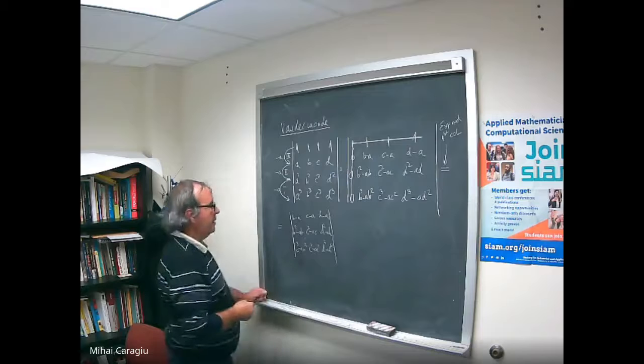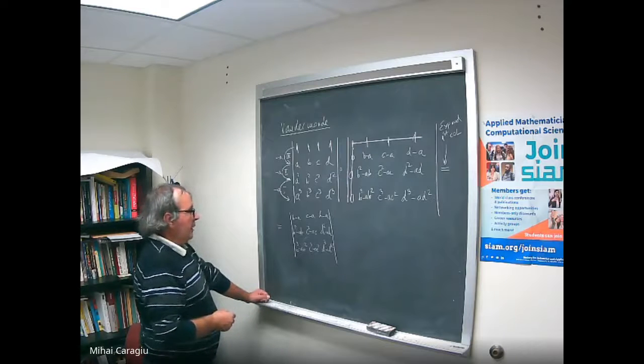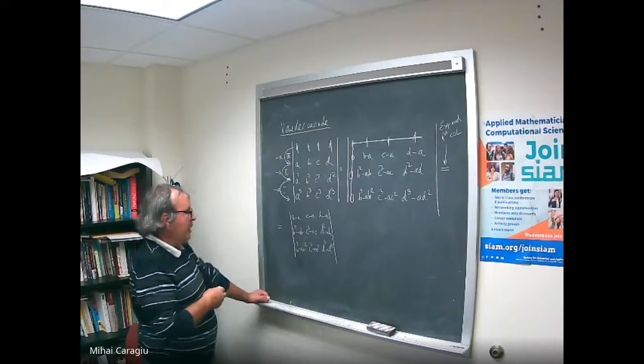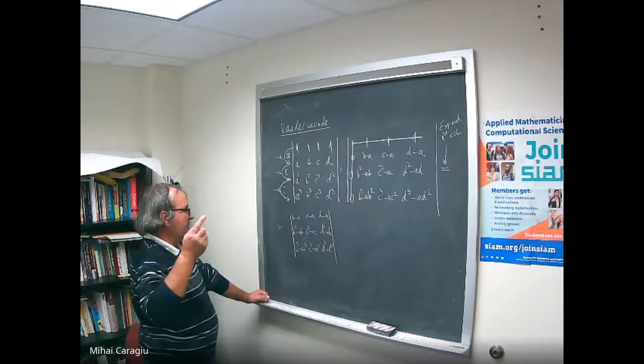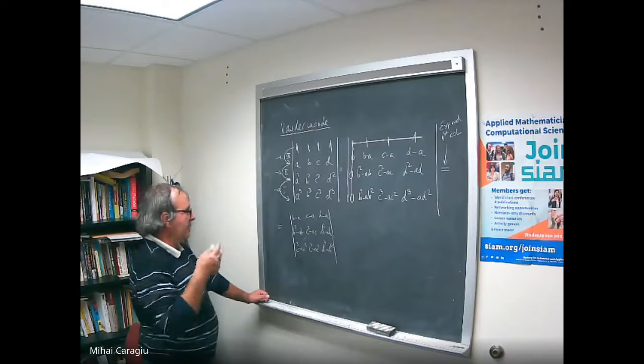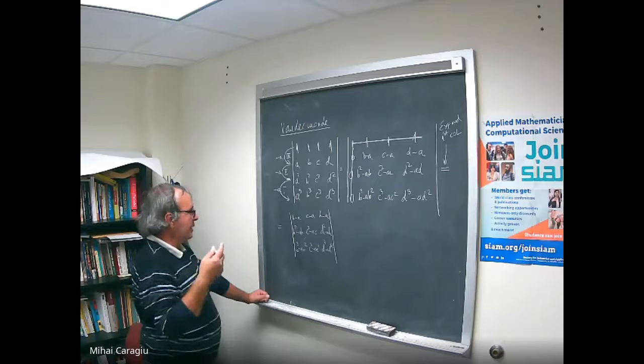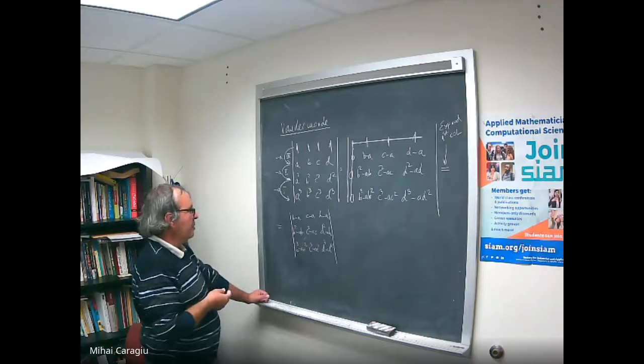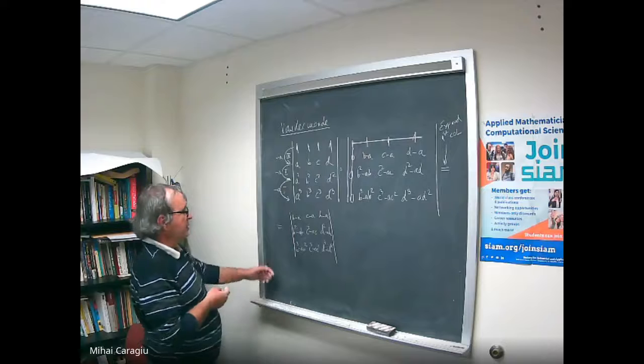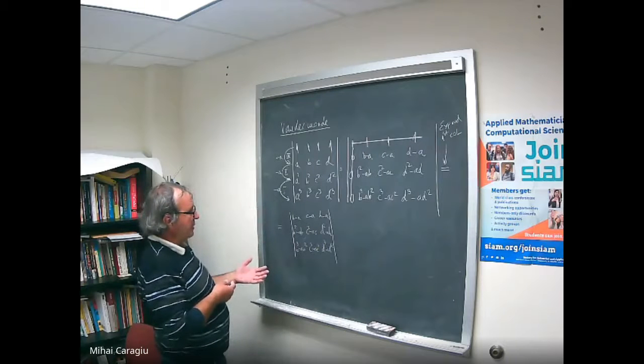Now, if we multiply a row or column by a number, the determinant multiplies by the number, right? Also, if we divide the row or column by a number, the determinant will be divided by the number.